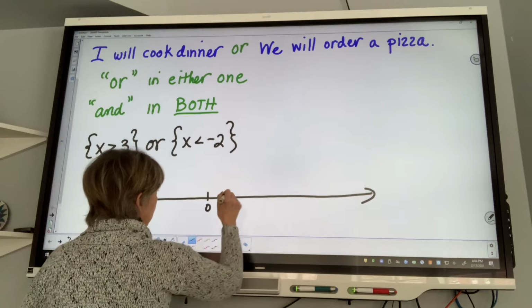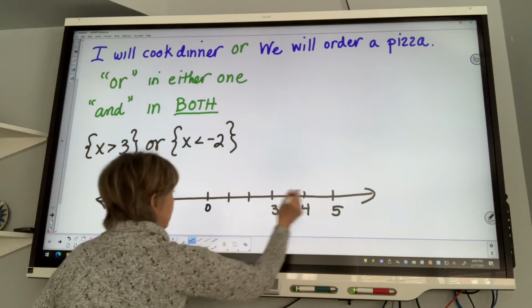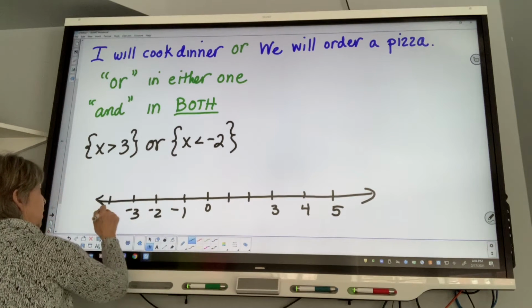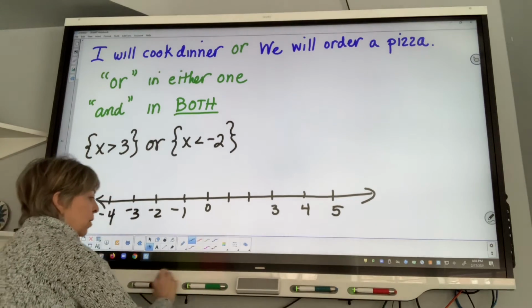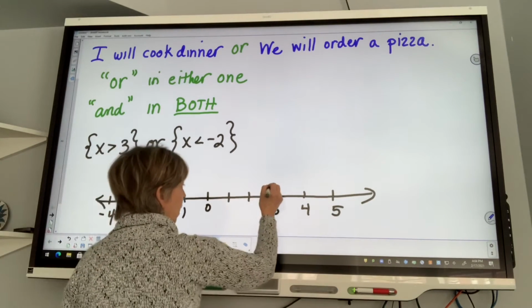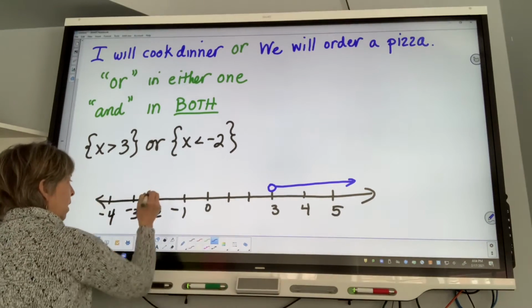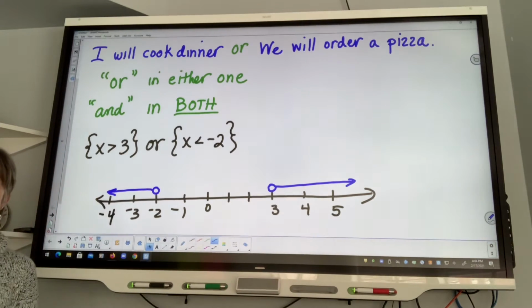So I'm going to have 0, 1, 2, 3, 4, 5, and this way I'm going to have -1, -2, -3, -4. And I want all the numbers that are greater than 3, so that would be all of that, or less than -2, and that's going to look like that.